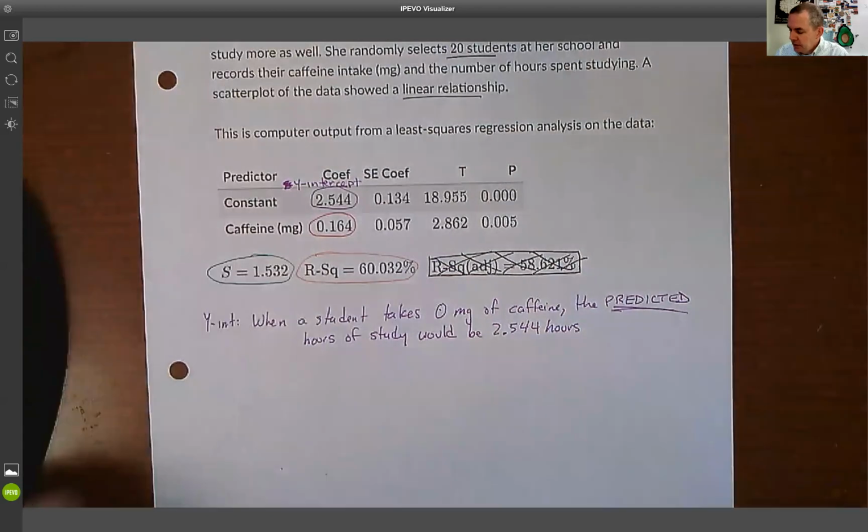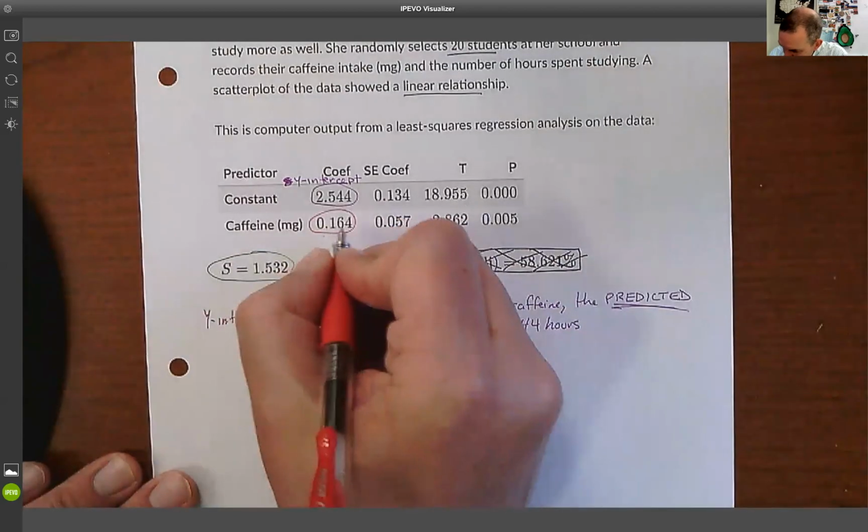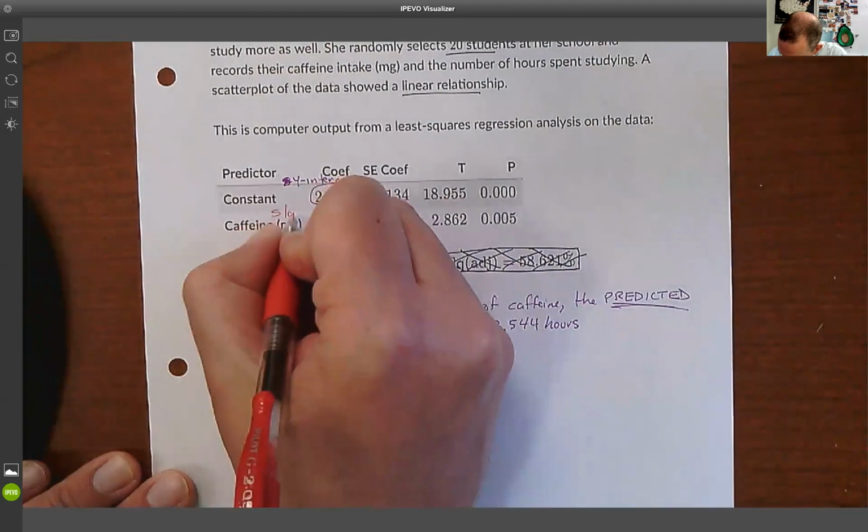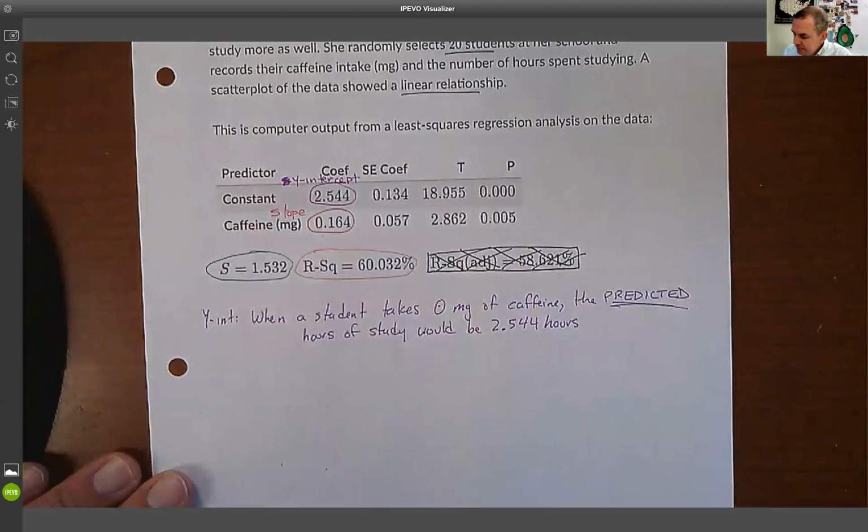Next thing we talk about is this number here. This number is the slope. This guy right here is the slope of the line.